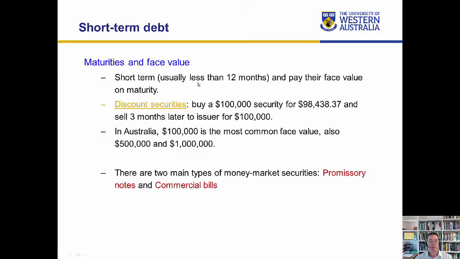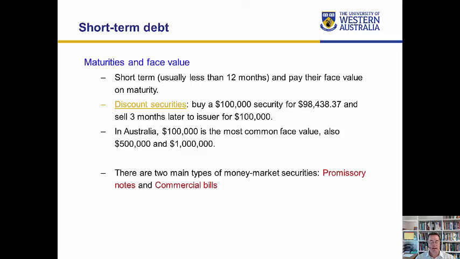Now because we're talking about 3 months here, 3 months is not long enough to actually warrant an interest payment. So because of the short period of the borrowing, the way that these markets actually work is that a security with a face value of $100,000 will be issued. Now the face values can be different values depending upon the needs of the borrower.